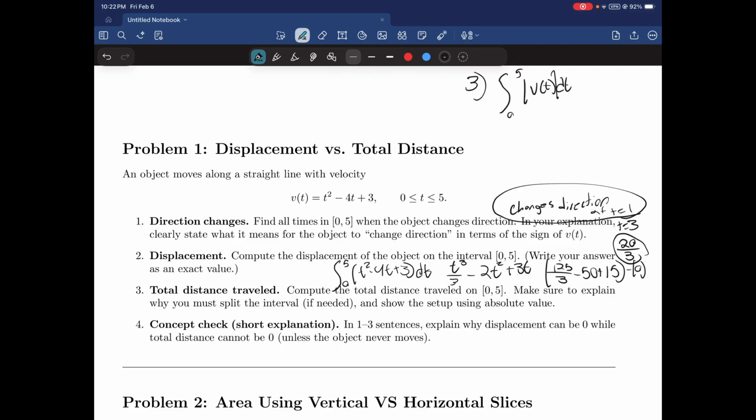And then if we split that up, we go from 0 to 1 of the velocity, and then from 1 to 3 dt, and then we add that final one, which would be from 3 to 5. Okay, yeah, that makes sense, I think.